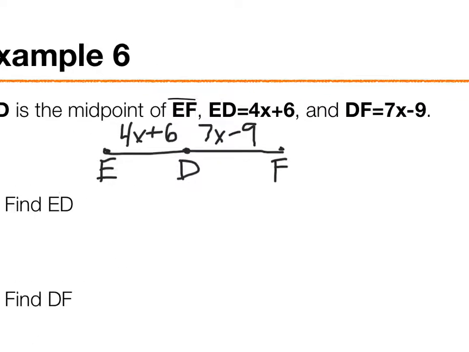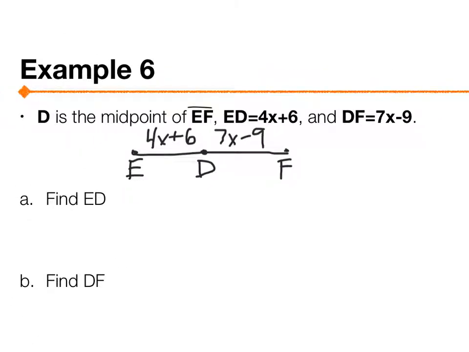So we would do this. You would start by doing 4x plus 6 is equal to 7x minus 9.